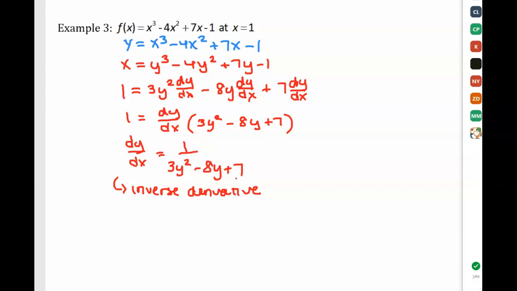So we're asked to find the inverse derivative at x equals 1. What you'll notice is all of my inverse derivative is in terms of y. So in order to find the inverse derivative at x equals 1, I need to know what y is when x is 1.